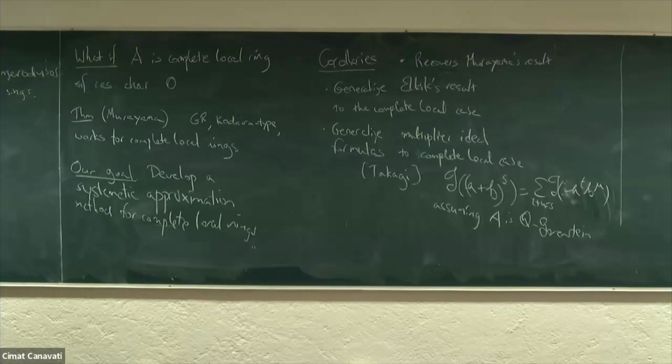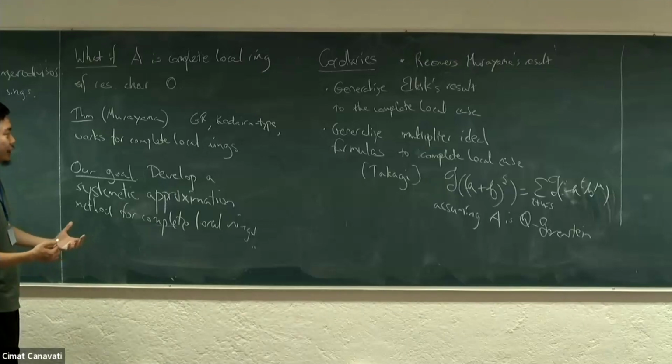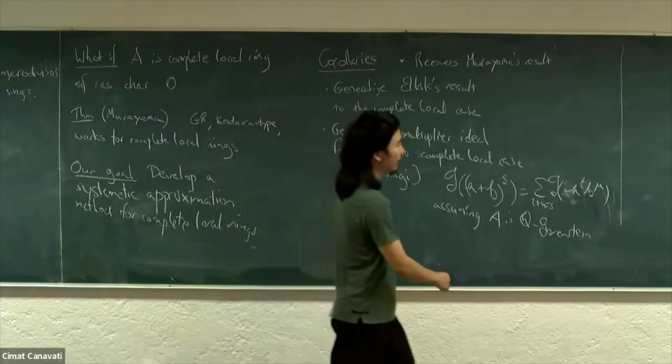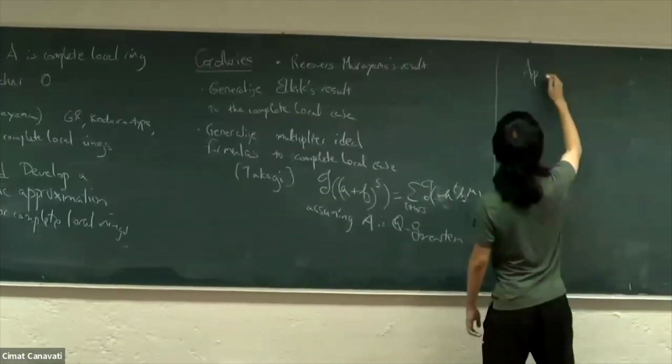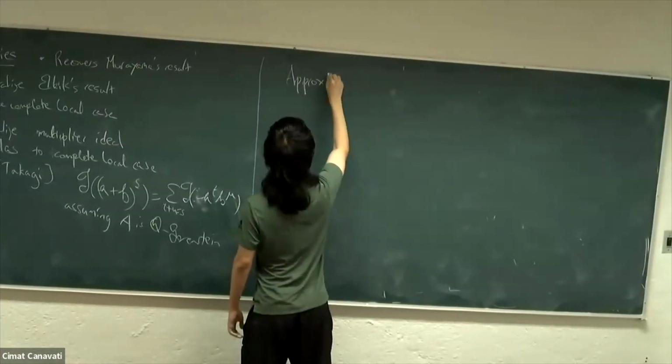So you apply Popescu's general Néron desingularization to write the complete local ring as a filtered colimit of these rings, and then what you must do is show that this is robust enough that it preserves properties such as normal or regular or rational singularities or not. So that can be a natural starting point. So what is the approximation setup?